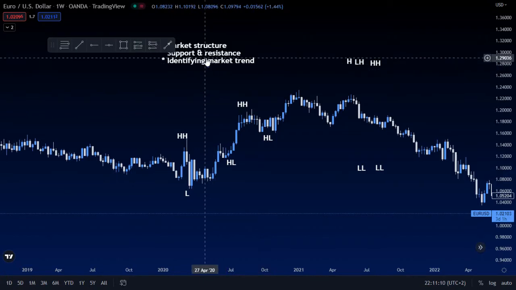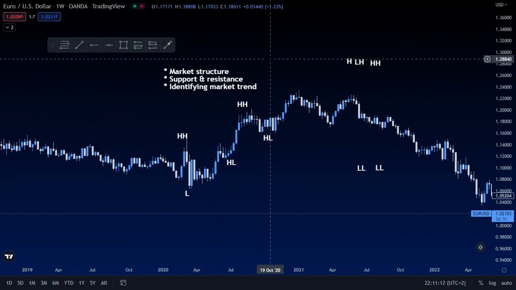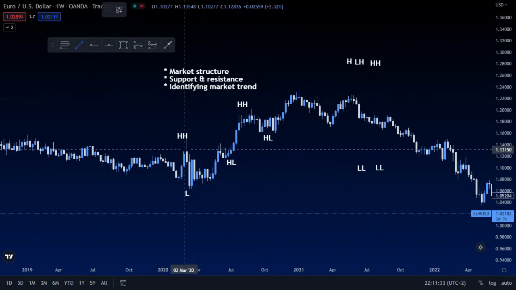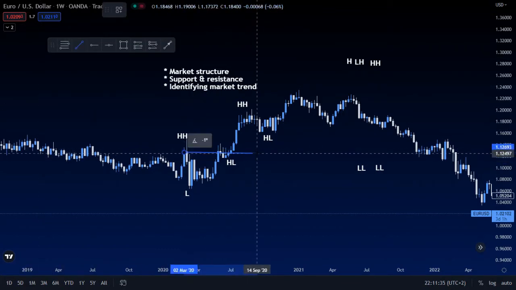Market structure is all about trying to identify what is the trend in the market so we can identify what type of trade we're looking to take. So when a market is designed like this, in this specific situation that we're looking at, which is bullish, what we would be looking to do is to place buys, right? So it's always important to try and identify where are your highs, where are your lows.